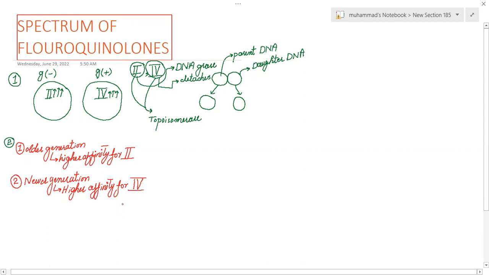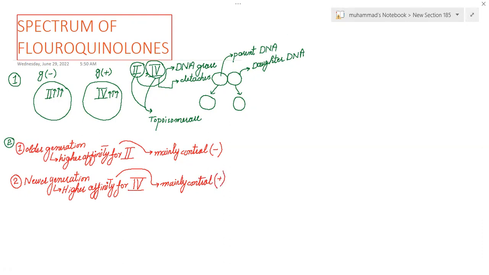So that's why older generation fluoroquinolones mainly control gram-negative bacteria, and newer generation mainly control gram-positive bacteria.